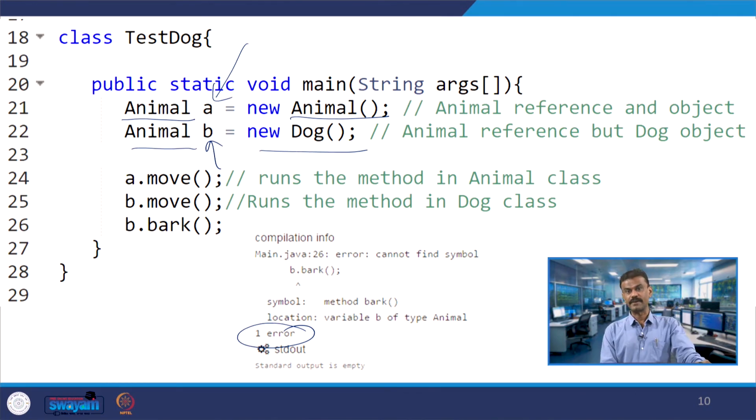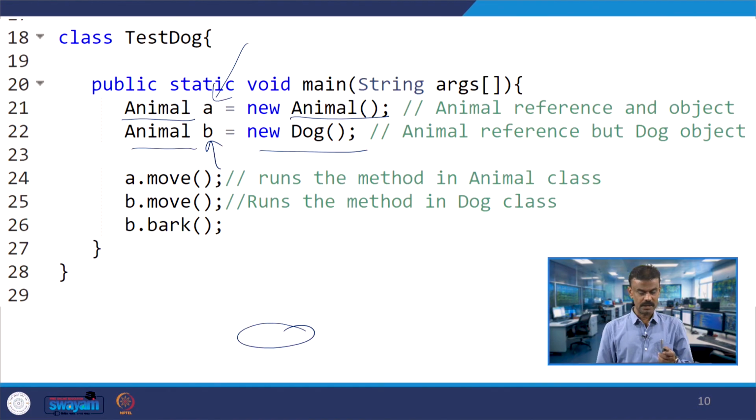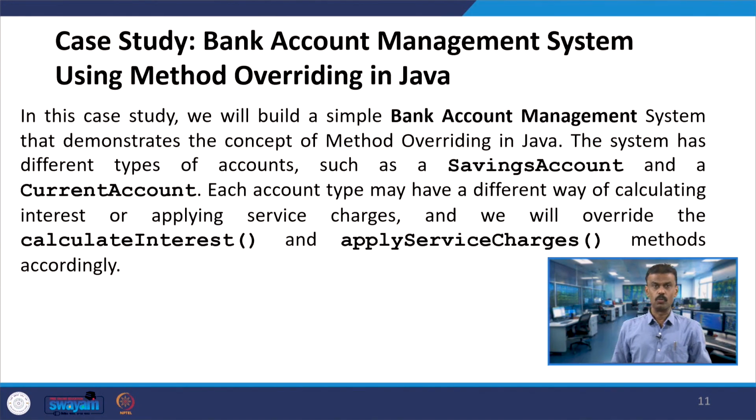So how do you rectify the error? You have to define the bark method in the class Animal, and then it will be overridden. These are the examples of overriding methods.